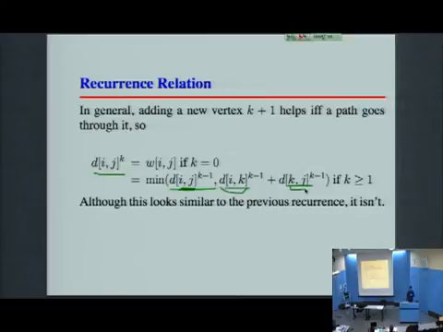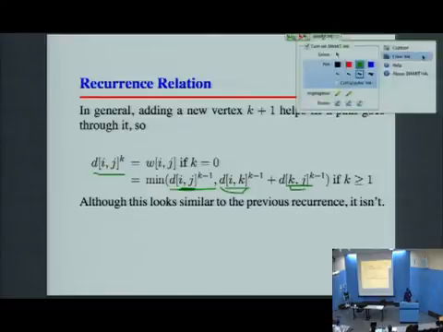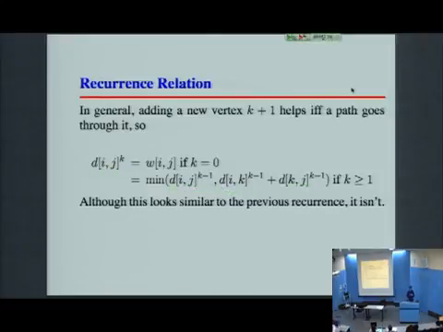Okay? Think about this. How many people see this? Think about it. It's not really that hard. It's kind of an amazing thing, but it is very straightforward. Either the shortest path goes through my last degree of freedom, or it doesn't. If it does, then I pay the cost of going to k plus the cost of going from k.